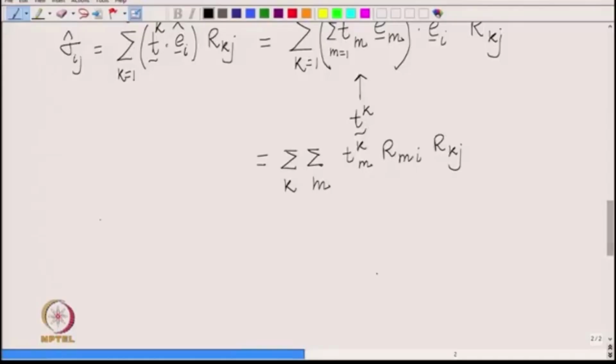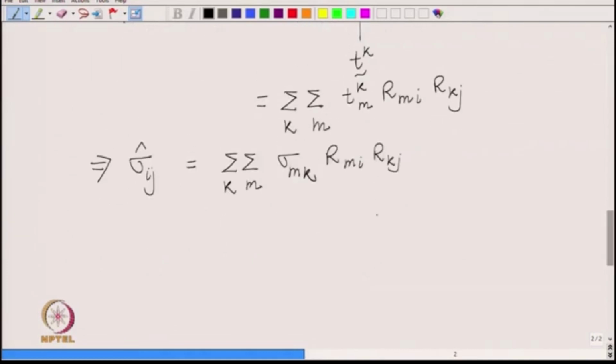So, this means finally that sigma hat Ij is equal to double summation over k, m, sigma mk Rmi Rkj.